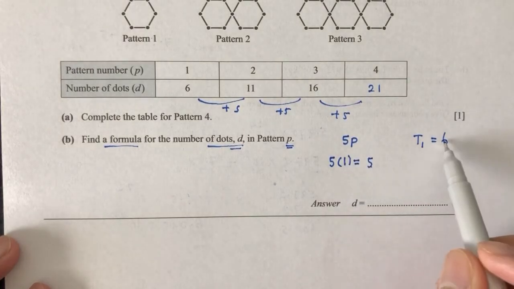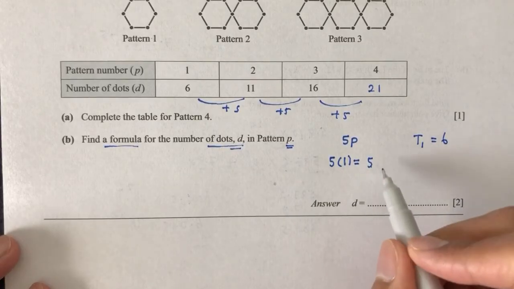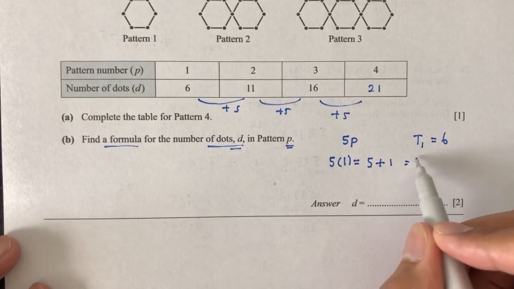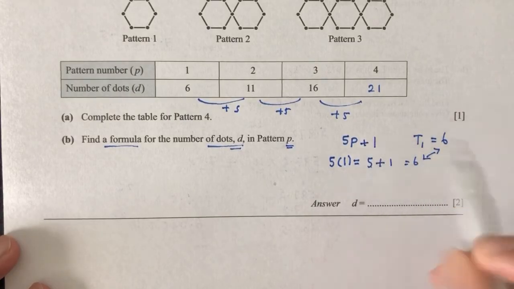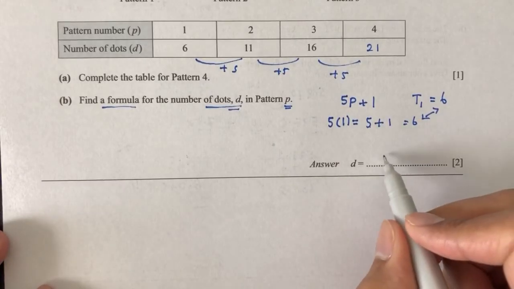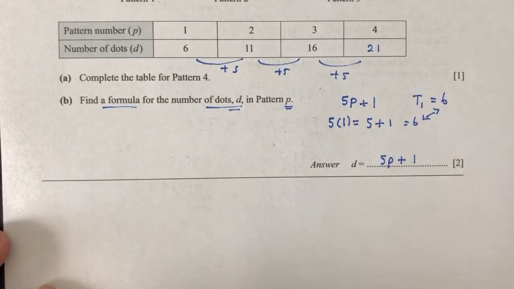So 5 is not 6. By how much do we need to change 5 to get 6? We need to add 1. So your formula will be 5p plus 1. And that is your answer for part B.